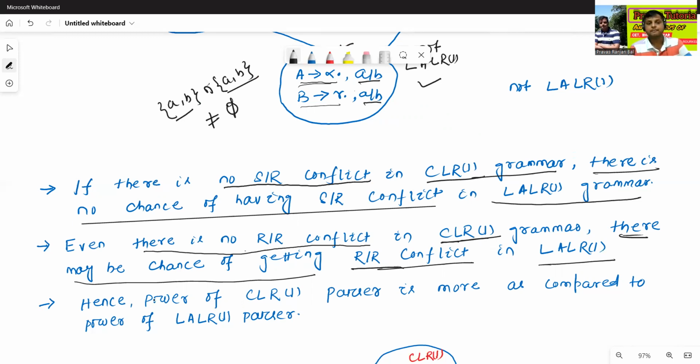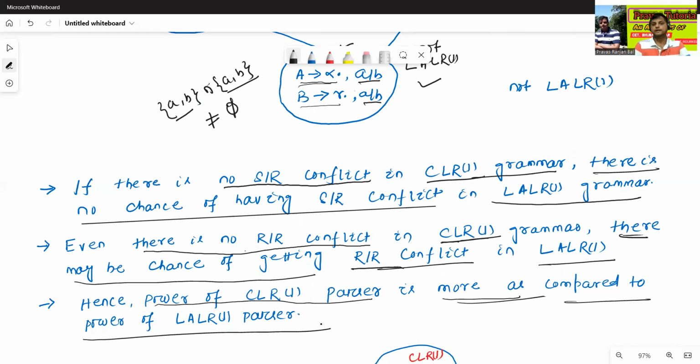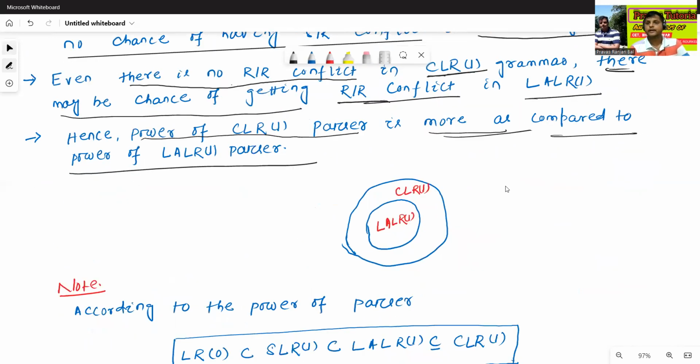So hence the power of CLR1 parser is more as compared to the power of LALR1 parser. So that's why LALR1 is a subset of what?